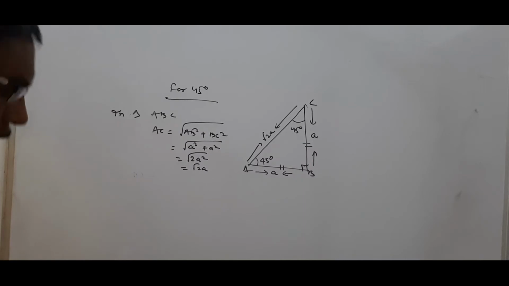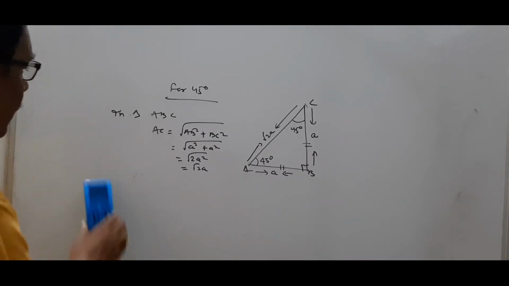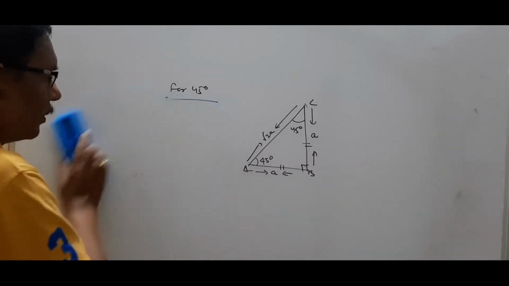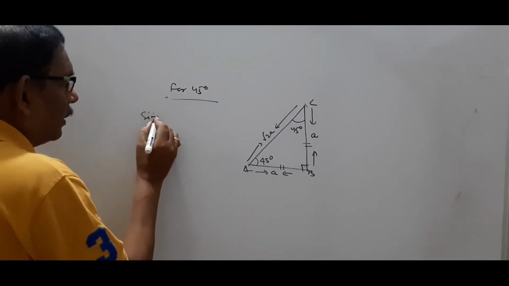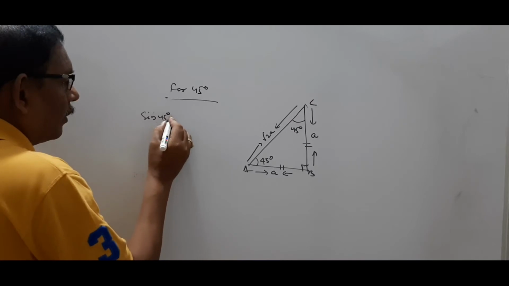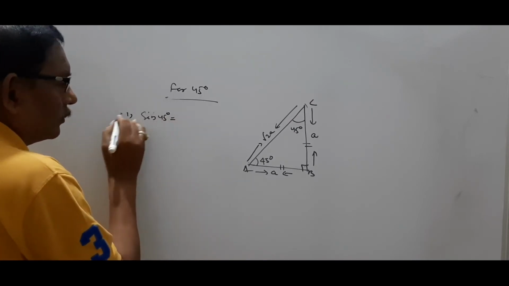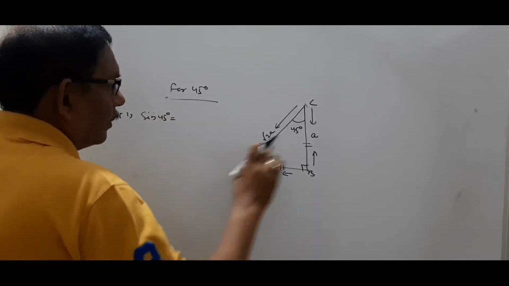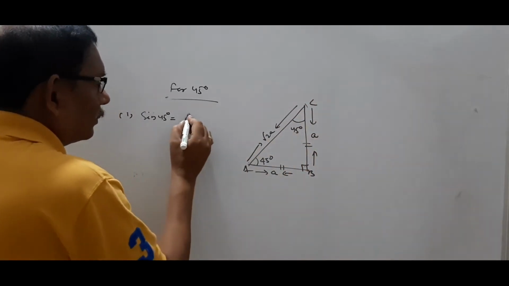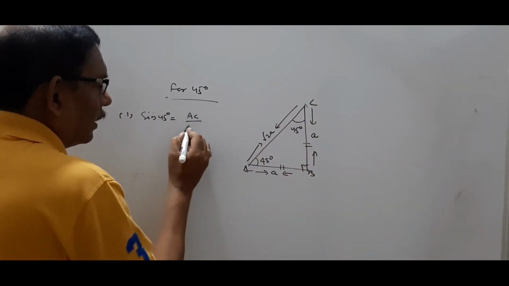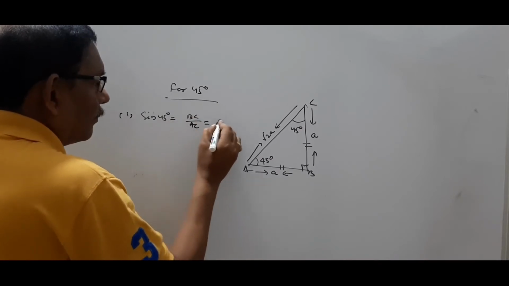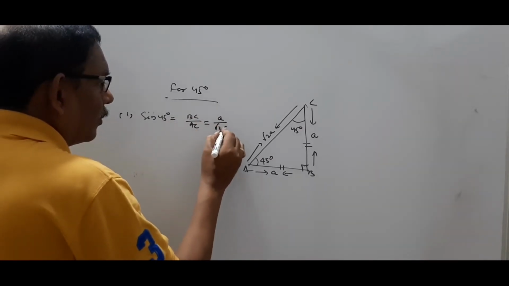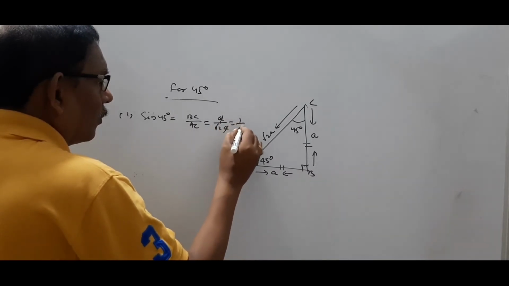To calculate the different trigonometric ratios, sin 45 is P by H, BC by AC, a by root 2a, 1 by root 2.